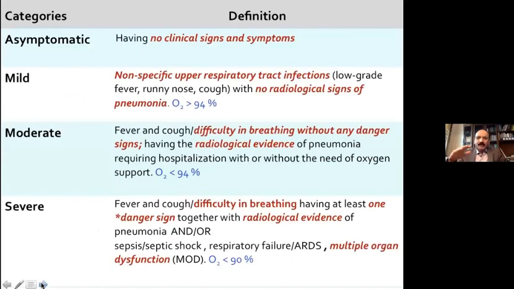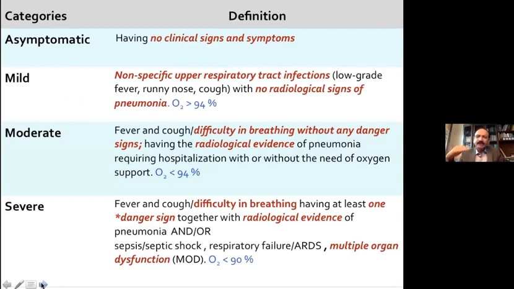Very briefly, we have categorized patients with COVID-19 infection. They can be completely asymptomatic, mildly symptomatic, moderately symptomatic, or severely symptomatic. One of the major ways you differentiate between these categories is twofold. One, difficulty in breathing without any danger signs, and difficulty in breathing with danger signs.